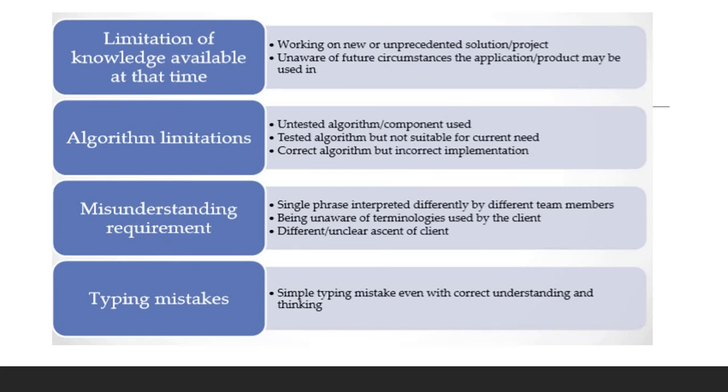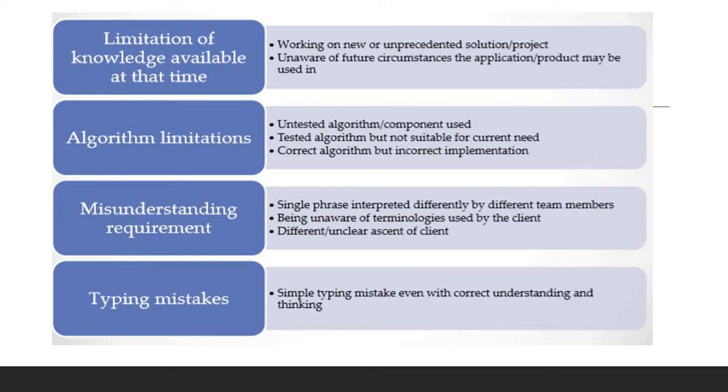Other types of failures are related to knowledge and limitation of knowledge. That is basically working on a new or unprecedented project, unaware of the future circumstances in which the application or project will be used.